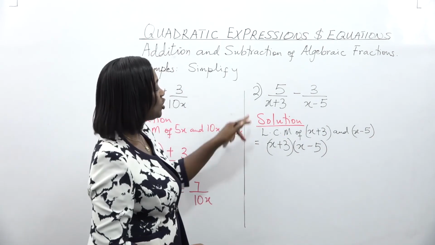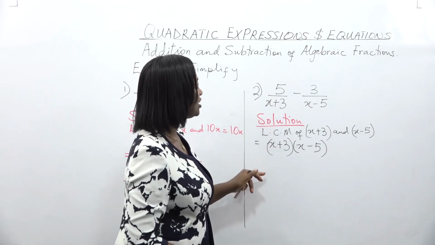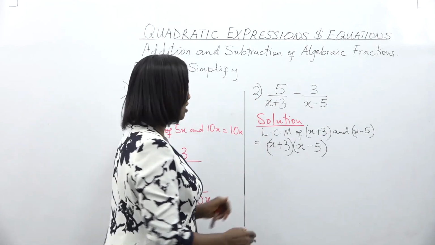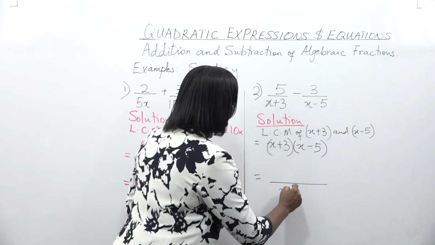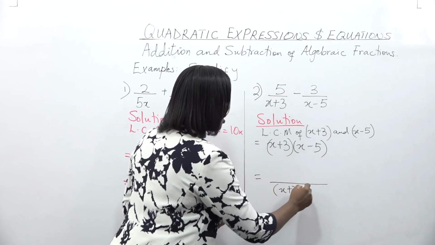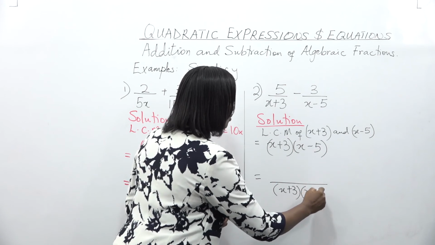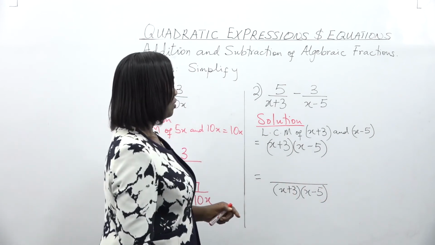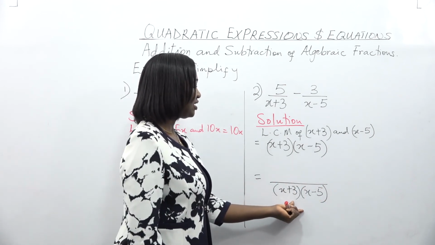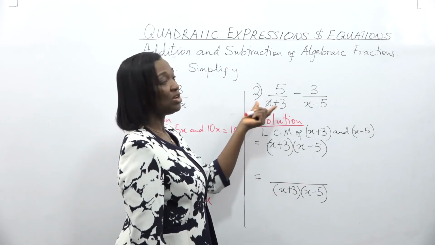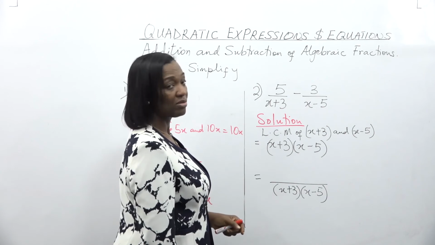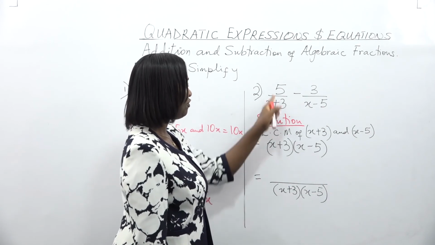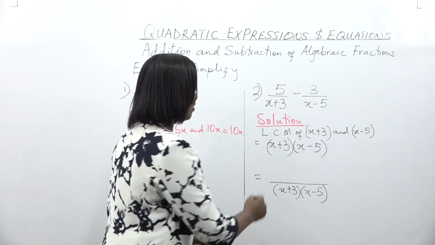So next, I want to put the two terms under the same denominator, which is the LCM, the common denominator, x plus 3 into x minus 5. When I divide that by the first denominator, the x plus 3 will cancel out, and what I have left will be 5 times x minus 5.